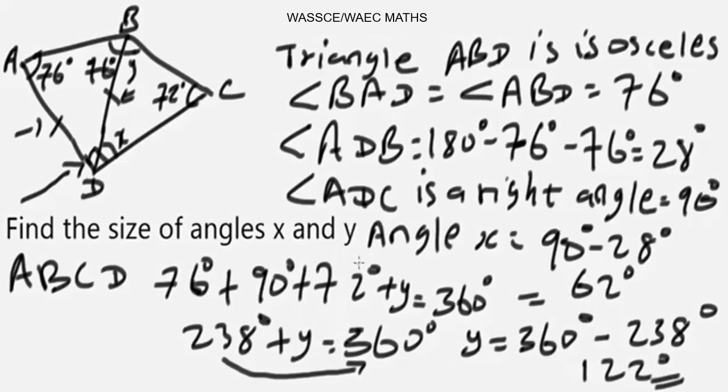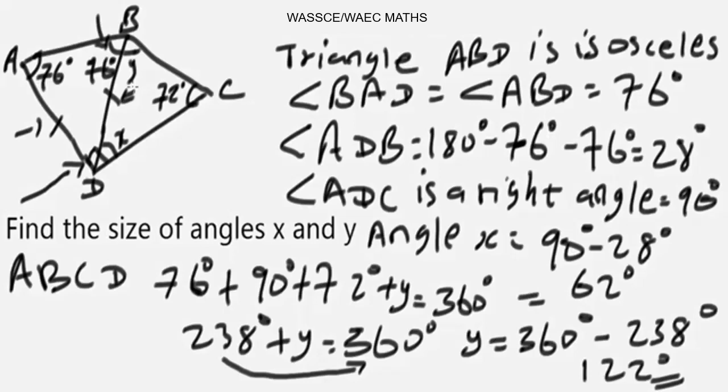Now note that when you are dealing with this kind of problem, if you notice, we didn't include the 76 degrees we have here. We are not expected to include the 72 degrees for this isosceles triangle we have here. We just do the calculation using the original values inside the shape. So take note of that.